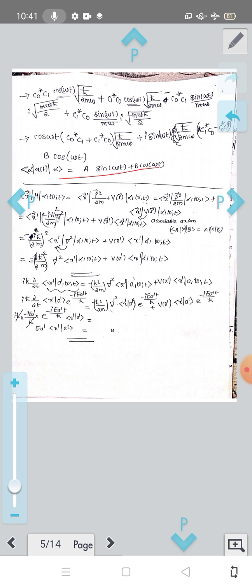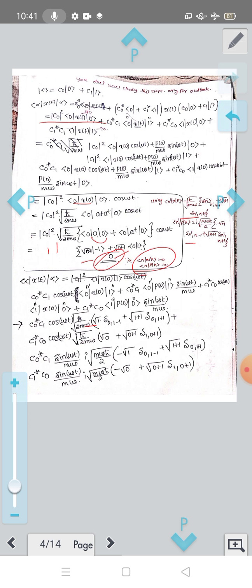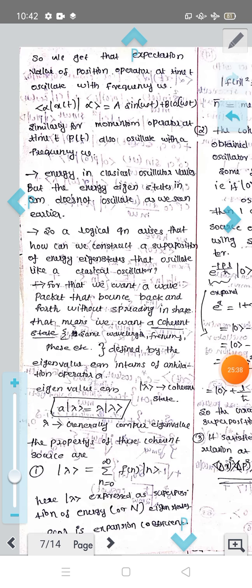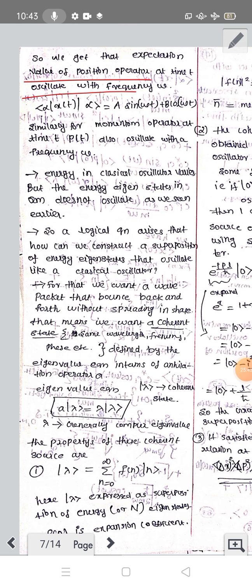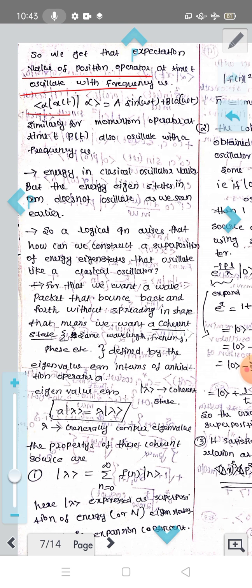So we only get the classical reminiscent if we choose ket alpha equal to c0 ket 0 plus c1 ket 1. So we get that expectation value of the position operator at a time t oscillating with frequency omega. So bra alpha x of t ket alpha equal to a sin omega t plus b cos omega t.